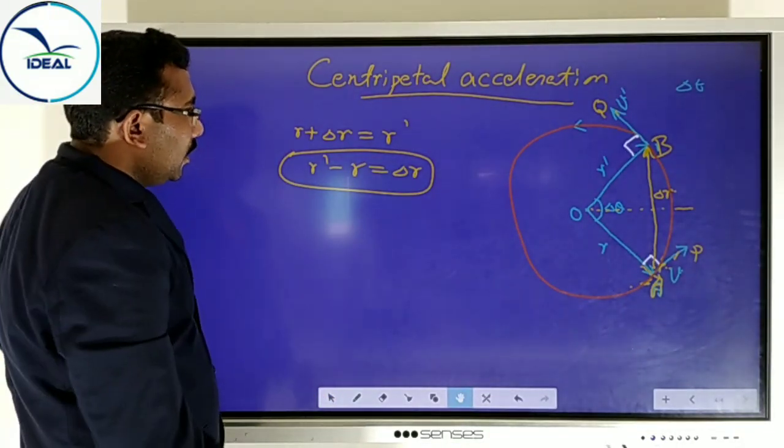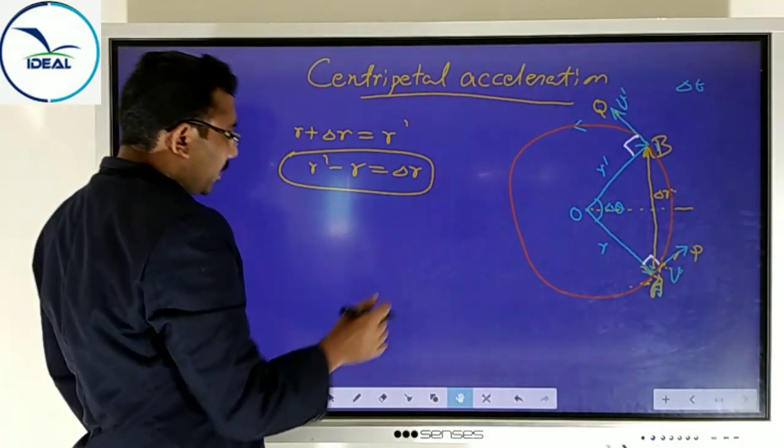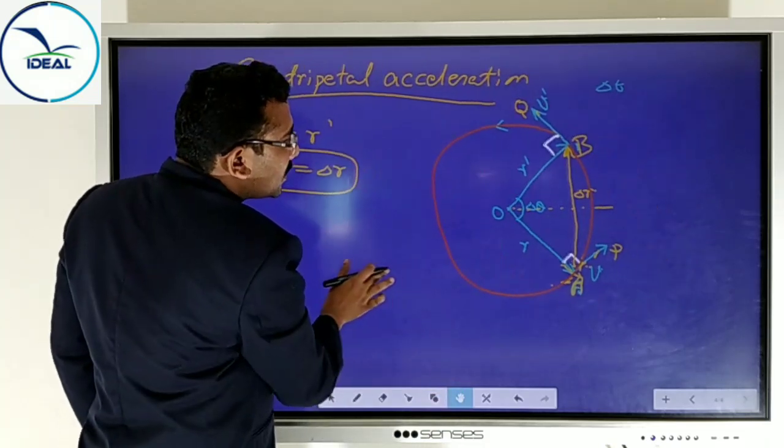Okay. Now we have to derive the centripetal acceleration. Let us look at the figure.